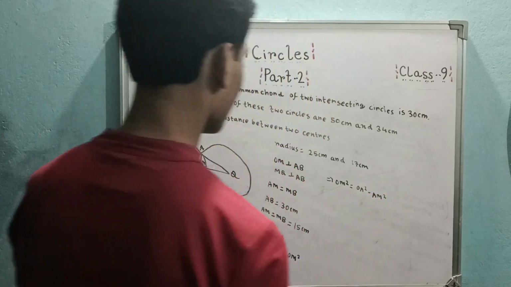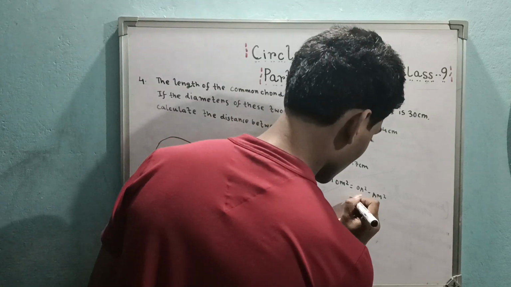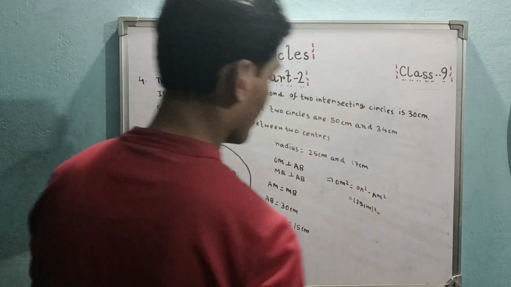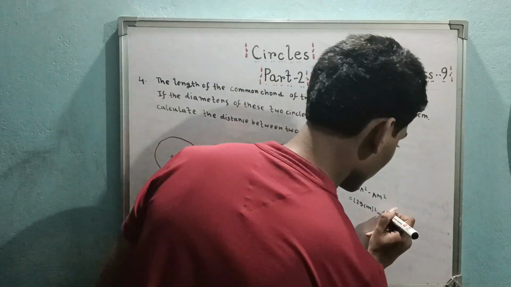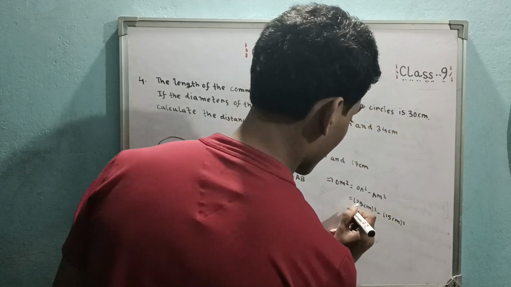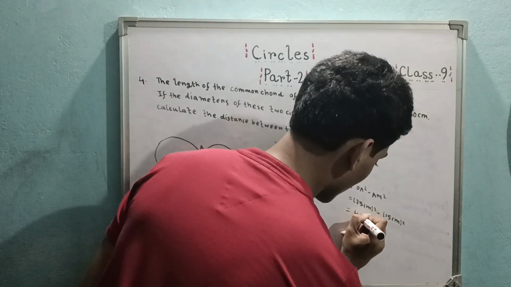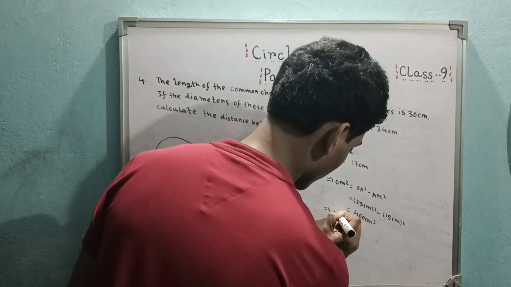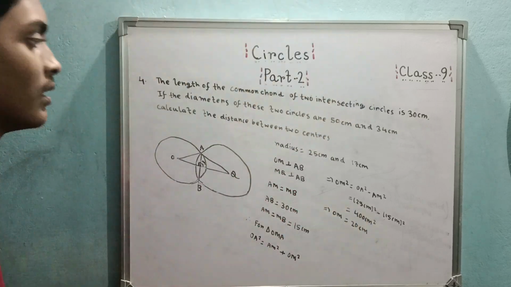So OA, the radius of the first circle, is 25 centimeter. 25 square minus AM, which is half of AB, 30 by 2, 15 centimeter, 15 square. If you calculate, it will be 625 minus 225, 400 centimeter square. And then OM is just root of that, OM equal to root 400, which is 20 centimeter. We got OM.